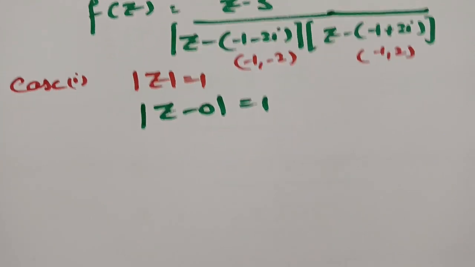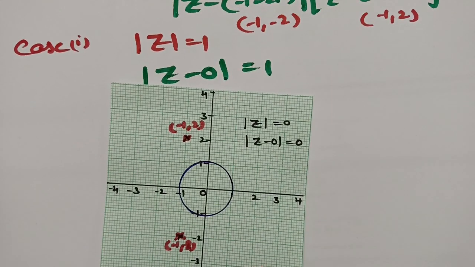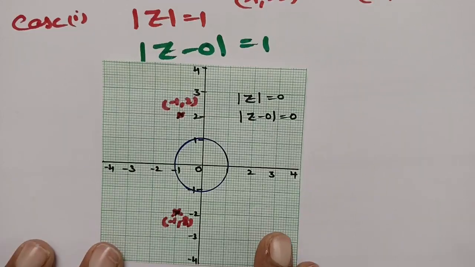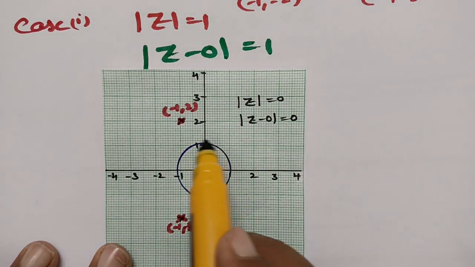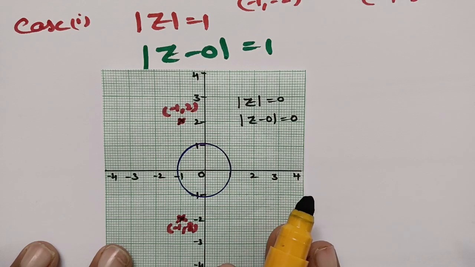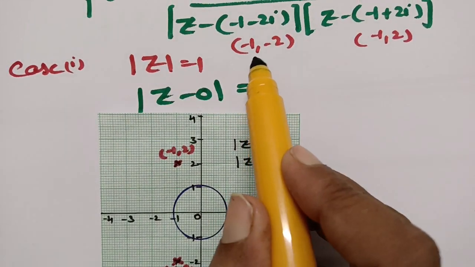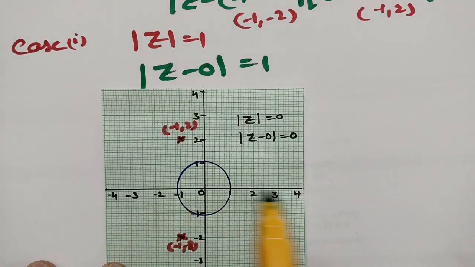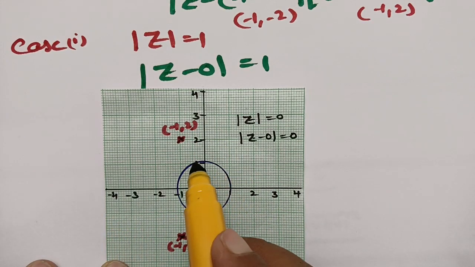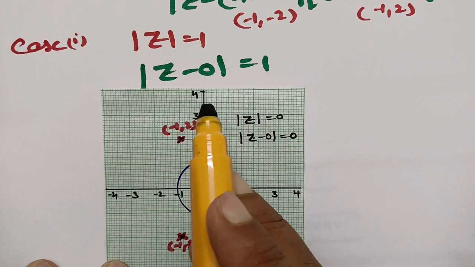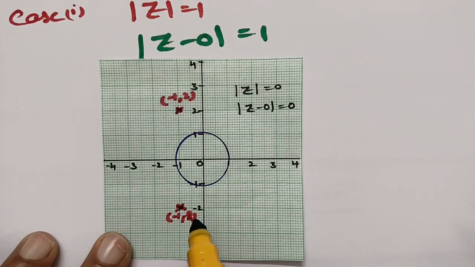Clear? And our pole values are minus 1, minus 2. Here is the x-axis and this is the y-axis: 0, 1, 2, 3, 4 and minus 1, minus 2, minus 3, minus 4, and i, 2i, 3i, 4i, or else minus i, minus 2i, minus 3i, minus 4i.